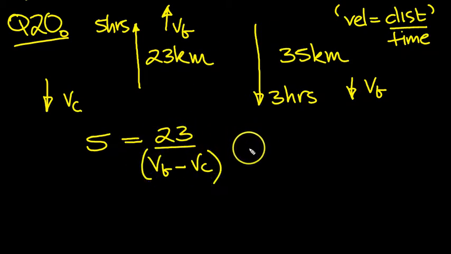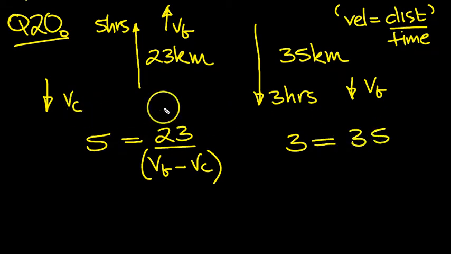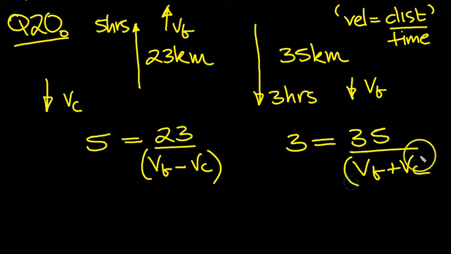Now that's the first equation, which we can rearrange. For the second problem, we've got the time, which is 3 hours, equal to the distance over velocity. The distance is 35, and the velocity this time will be the combination of the two, because he's going down with his speed and he's going down with the current. So this will be VB plus VC, in brackets.